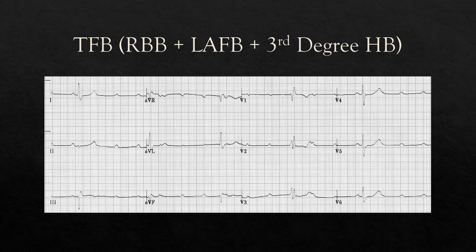Now, this patient clearly has significant cardiac disease, and then we can see all these P waves that seem to not be communicating with the ventricles. So your PR interval is changing beat to beat, and so this is a complete or third degree AV block as well. And so the right bundle branch plus the left anterior fascicle plus third degree AV block indicates that we have a trifascicular block present.